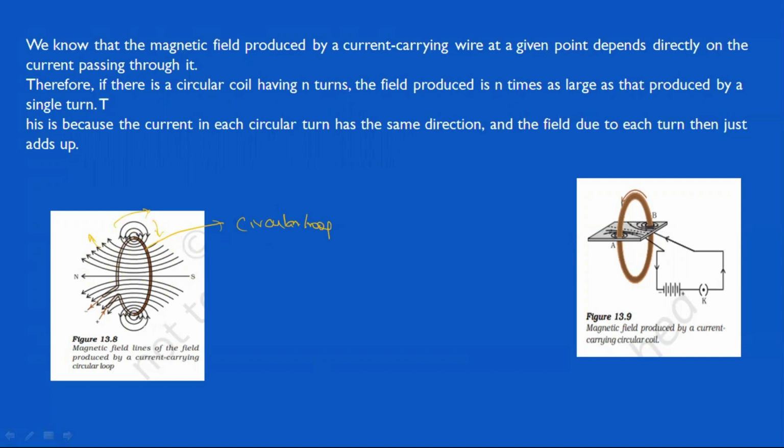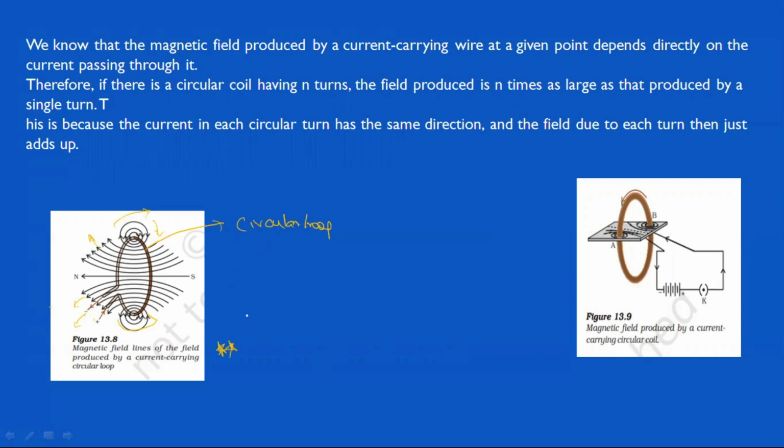In the lower portion, it will be going towards the North Pole itself, but the circular will be anti-clockwise as shown in the figure. So these are the magnetic field lines of the field produced by the current carrying circular loop.